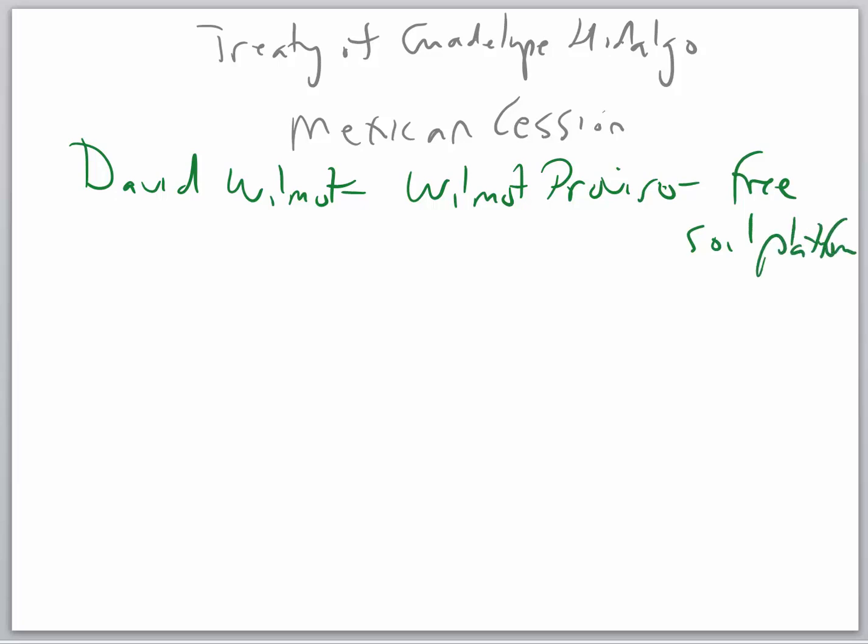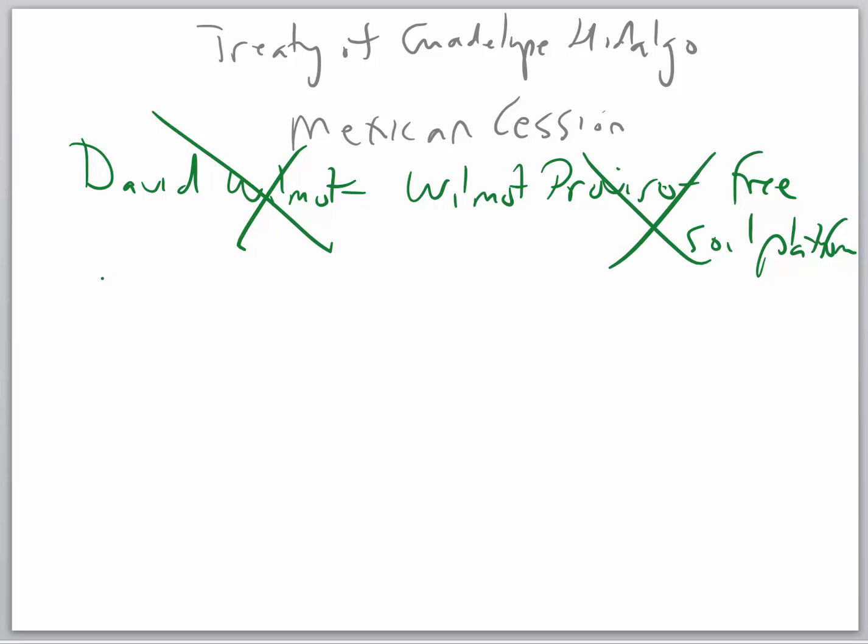The Free Soil movement was committed to stopping the expansion of slavery. They are not abolitionists. They were allowing it to stay where it already existed. Some would even consider them racist in that they were trying to prevent black people from moving into the new territory. But the Wilmot Proviso was rejected.